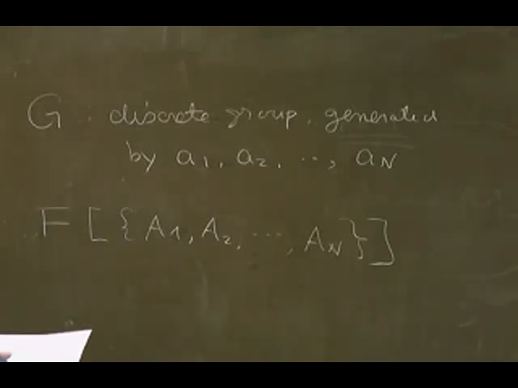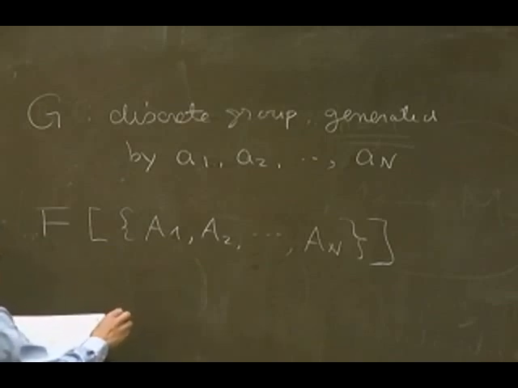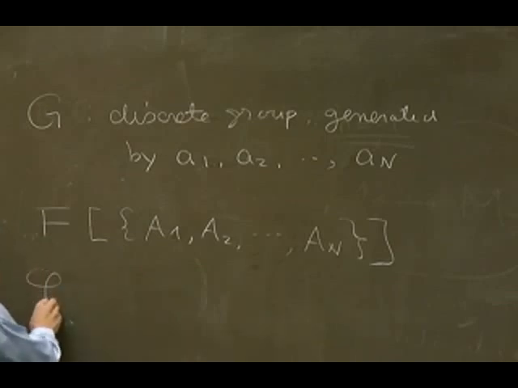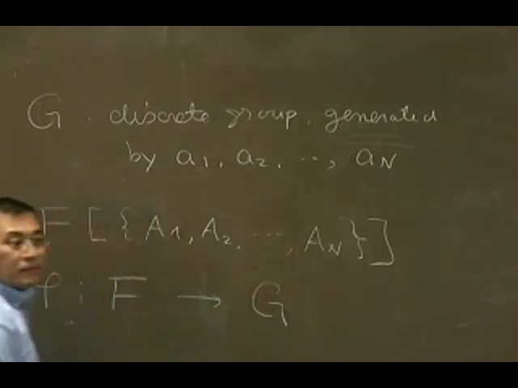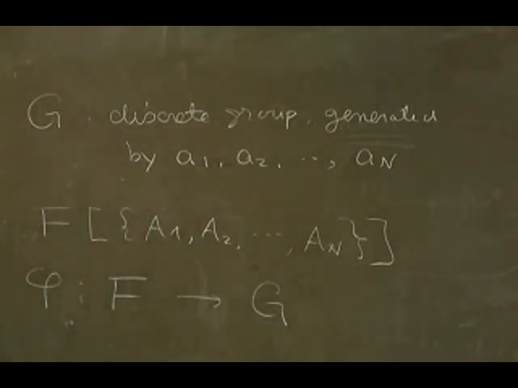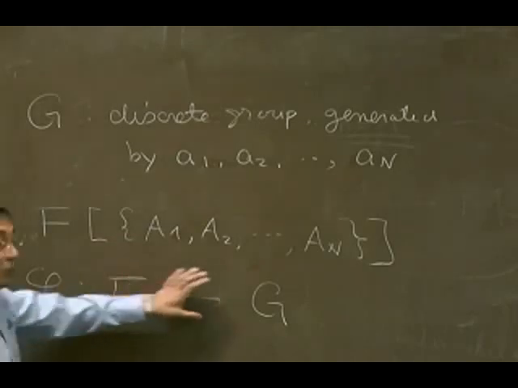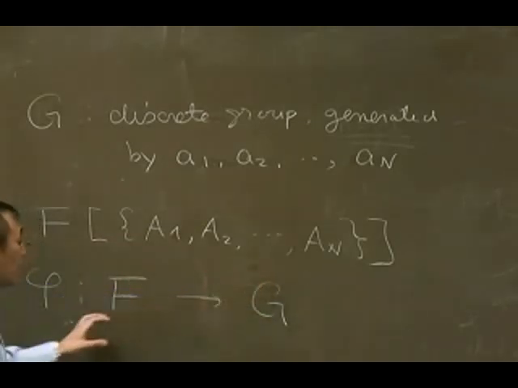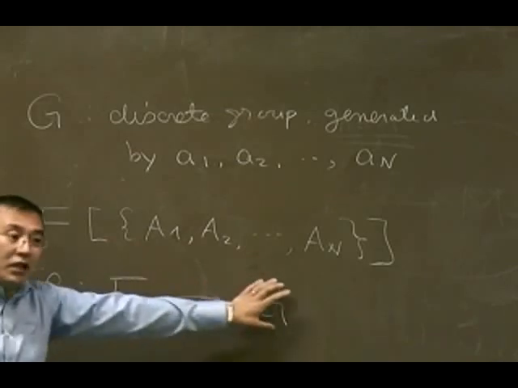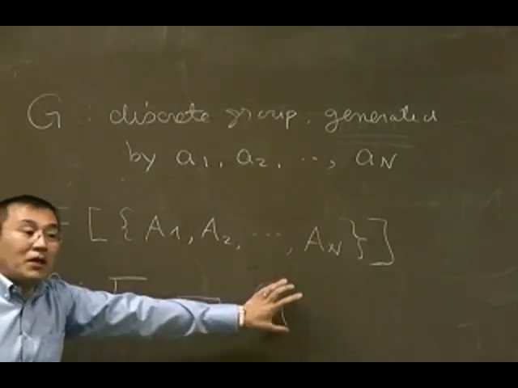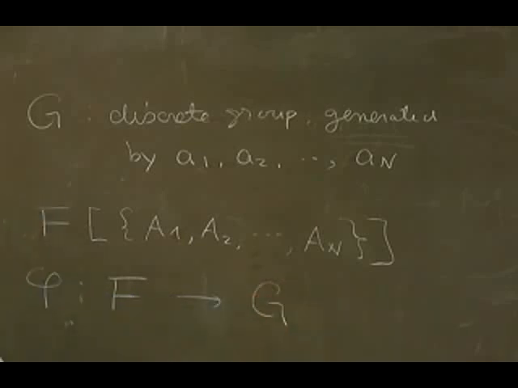But it is true that you can define a homomorphism from F to G. Homomorphism meaning that it's a map from group to group in such a way that if you have a product of two elements here, it's going to be mapped to the product of images of each of these elements.